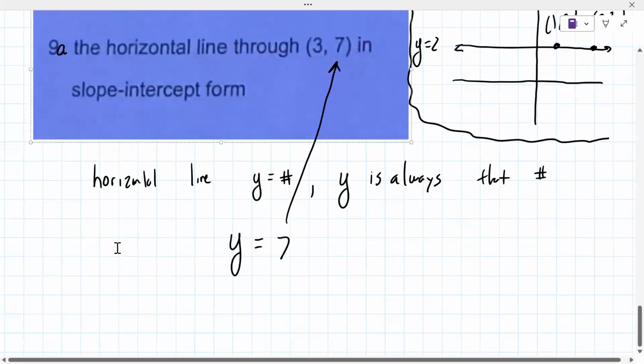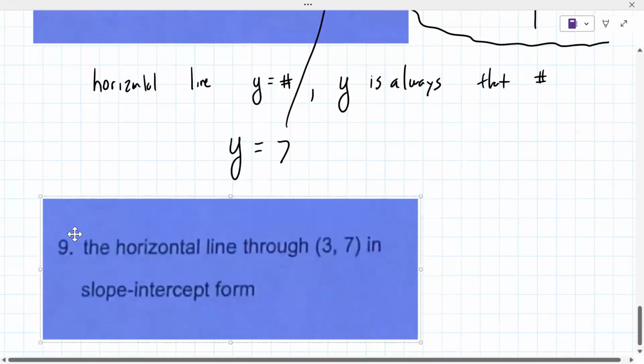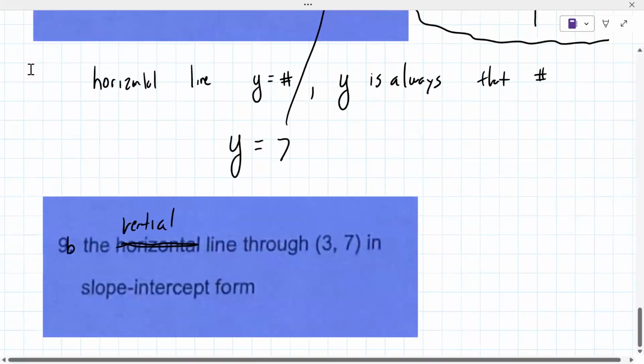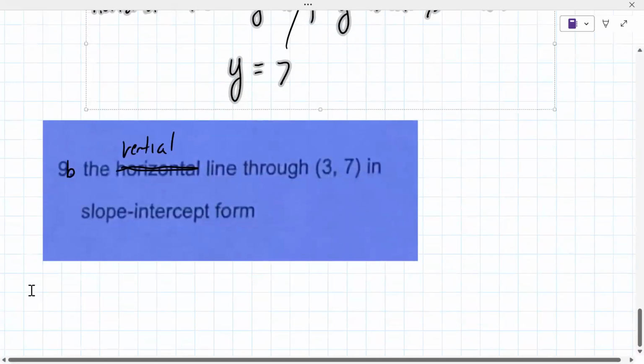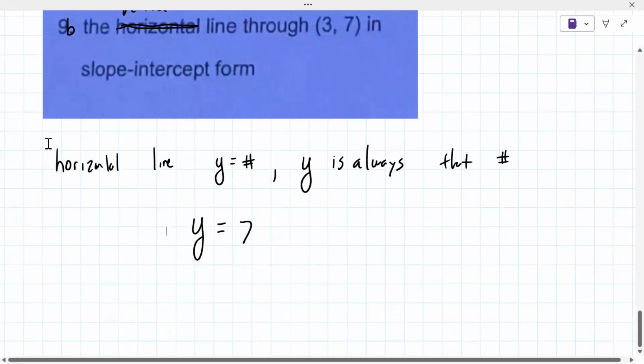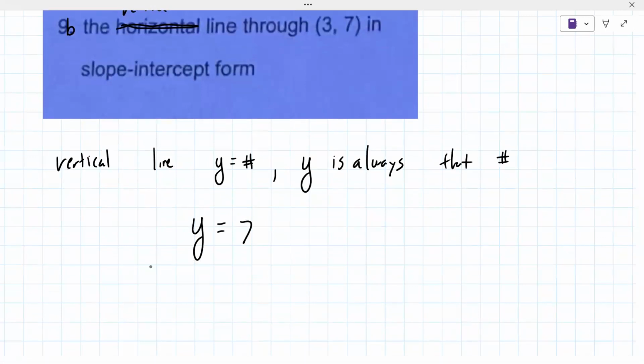More definitions, I know. So this time I want to do the vertical line. Calling this 9b. Essentially the same language that I just used, except instead of y, it's x. So I'm going to pick off the stuff here that is not correct and replace it.